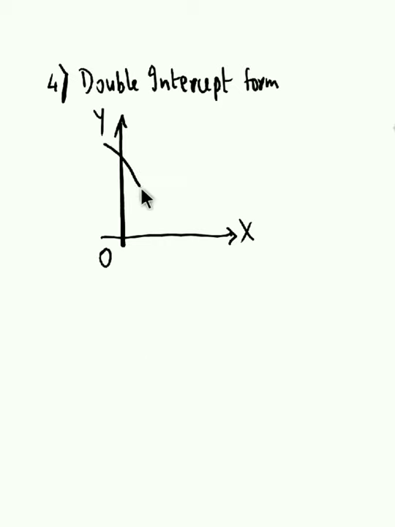Now this line cuts both the axes, the x-axis as well as the y-axis. Now this portion is called the x-intercept. We denote it as A. And this portion is the y-intercept denoted by B.